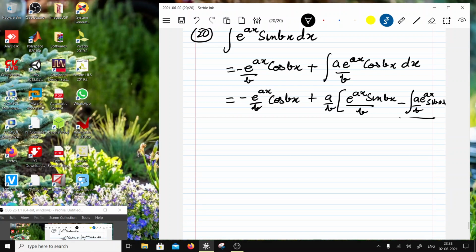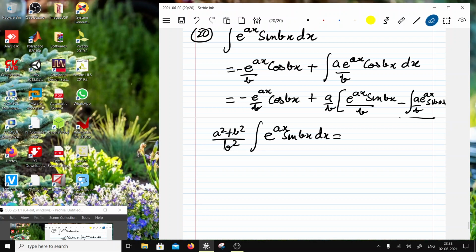I would have a square plus b square by b square times integral of e raised to ax sine of bx dx, equal to, b square is common, so let's take it on the right hand side, multiply by b square.